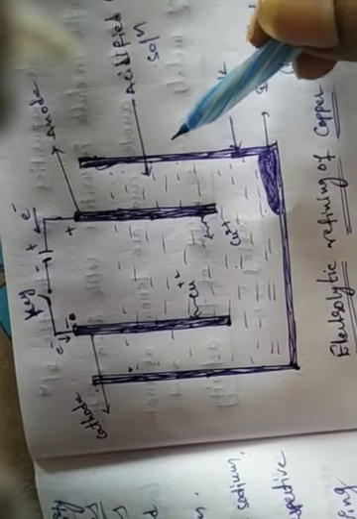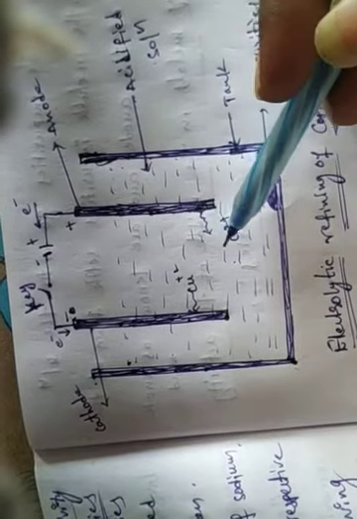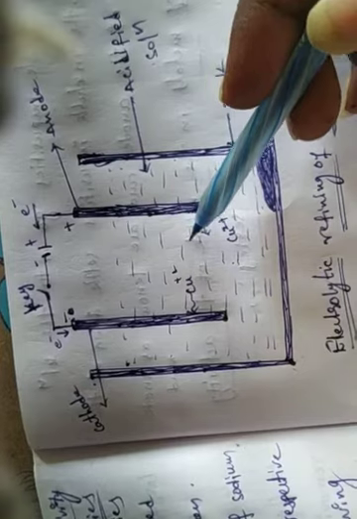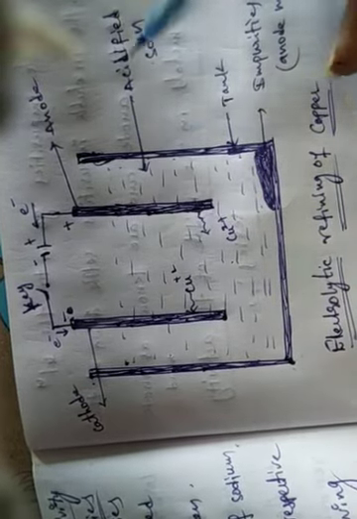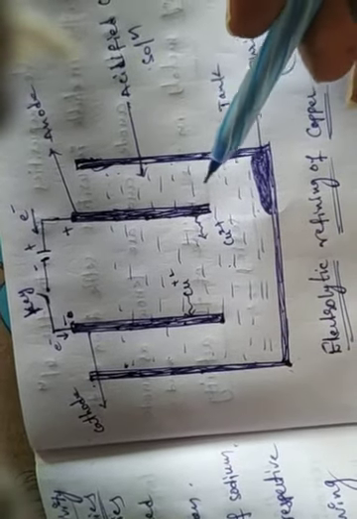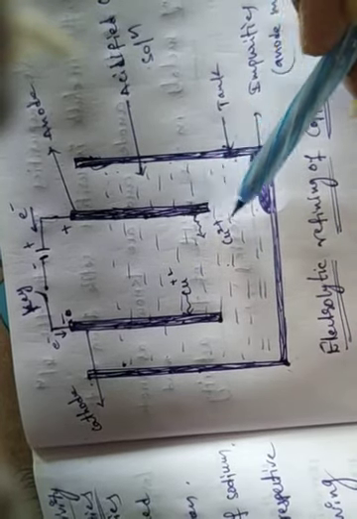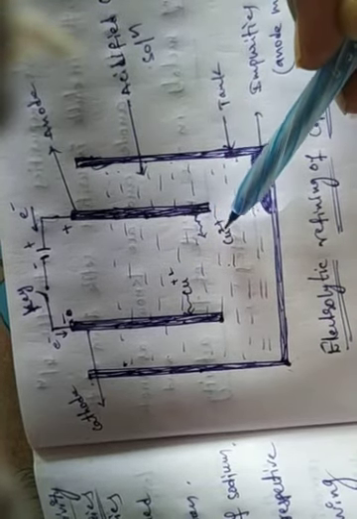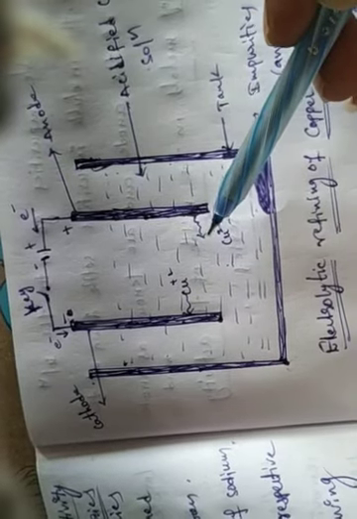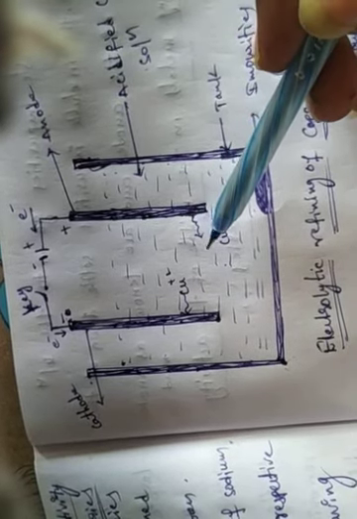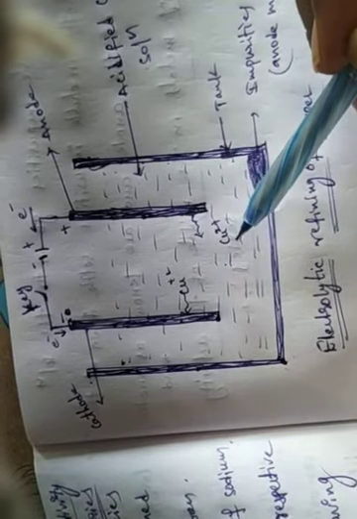Okay, when we are passing the current through the electrolyte, which electrolyte? Acidified copper sulfate electrolyte. The pure metal copper from the anode dissolves into the electrolyte.